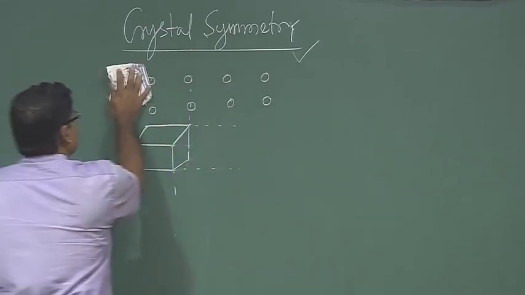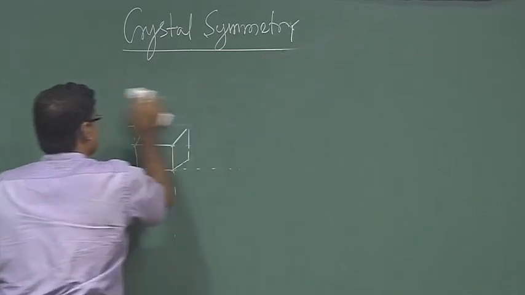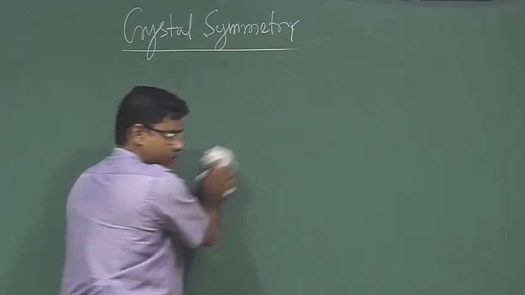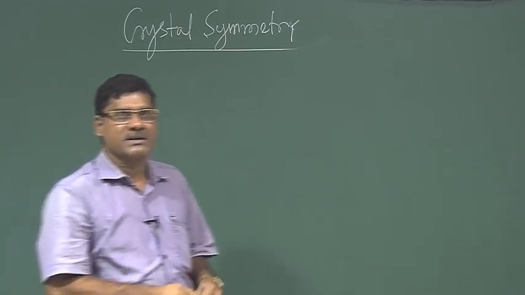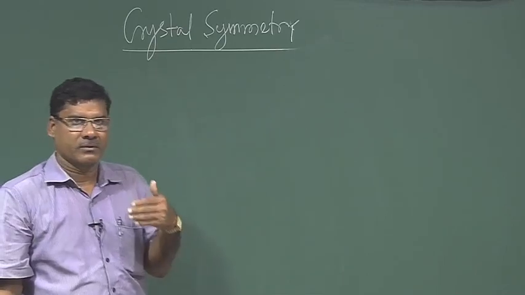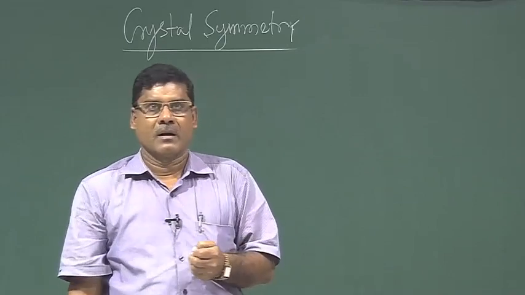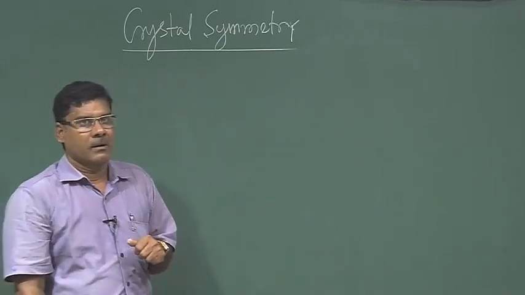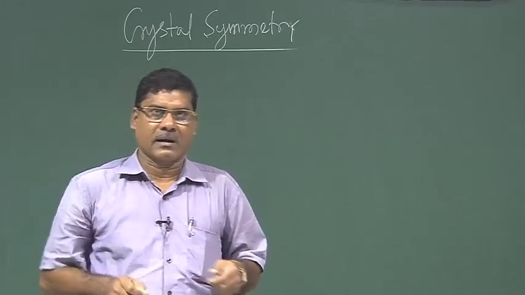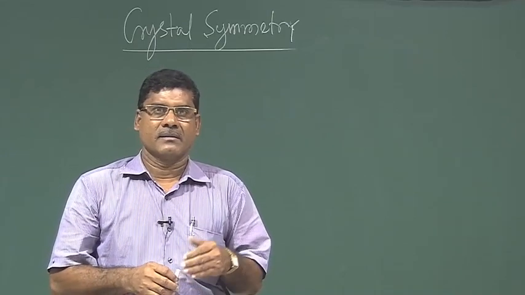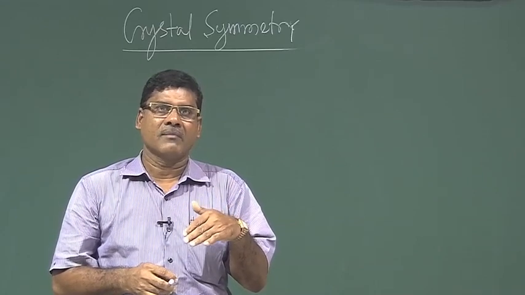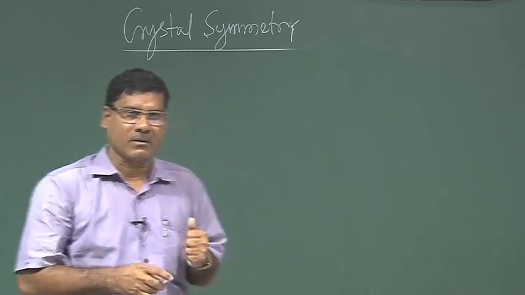So, there are mainly 4 types of symmetric elements or symmetric operations one can apply on a crystal. A symmetric operation is basically when you operate on a system, whatever change occurs, after that operation it comes back to its original configuration.